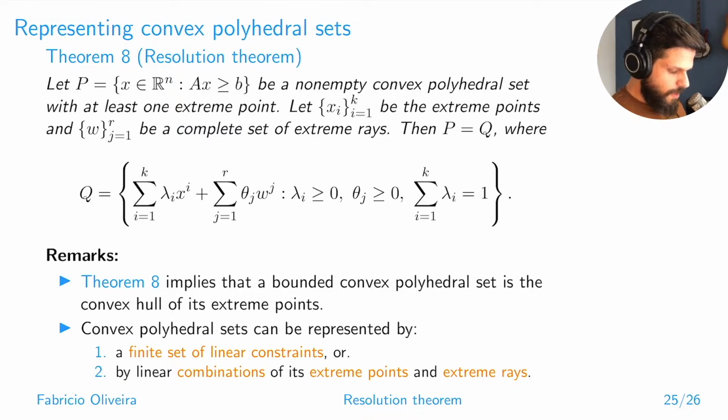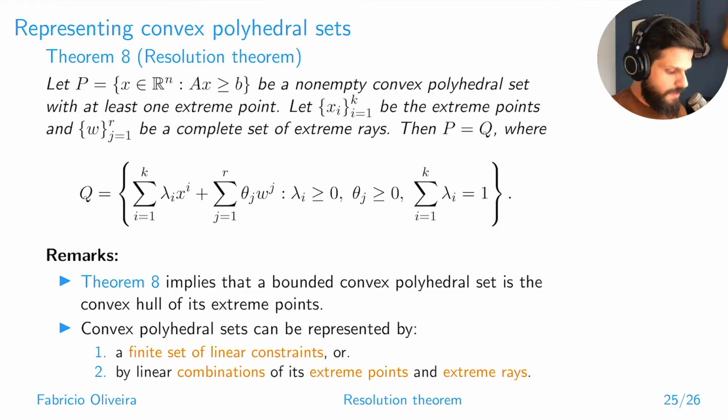But one interesting corollary for this theorem is that when we talked about convex hulls, I think at some point I said something along the lines that if you have a bounded polyhedral set, you can represent it by the convex hull of these extreme points.